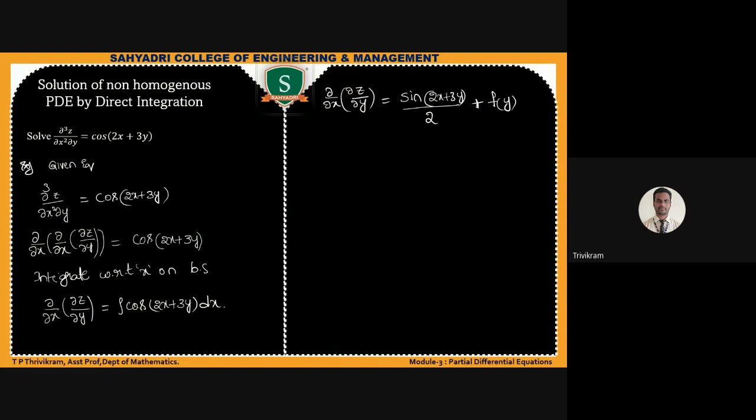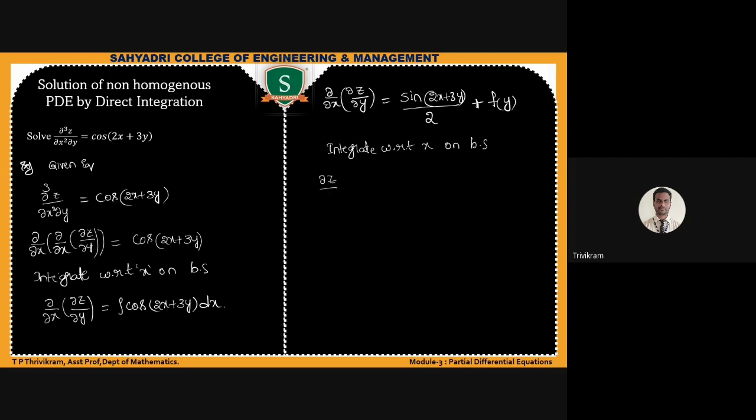So now again integrate on both sides. Integrate with respect to x on both sides. So what happens? Again one more derivative will vanish.